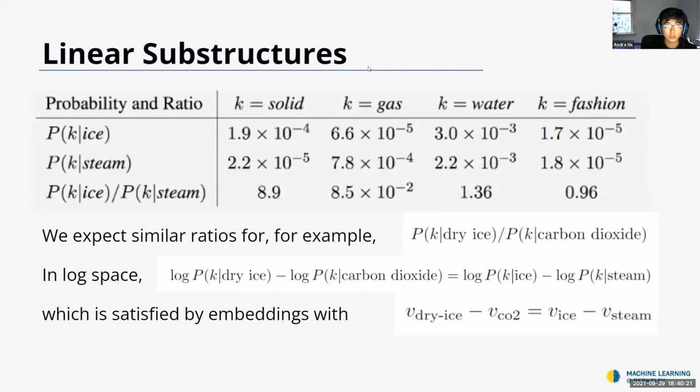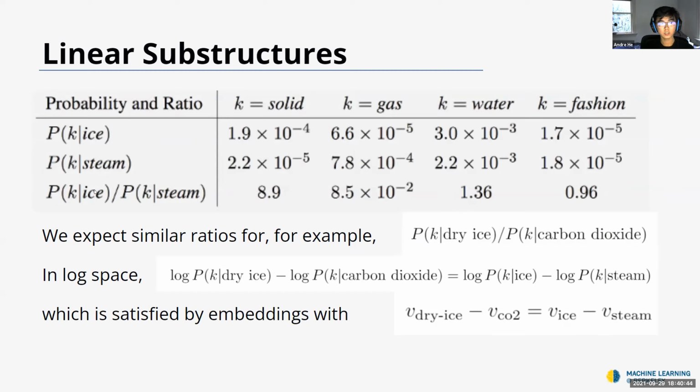To give you a more detailed example, we know that ice to steam is, at least in meaning, similar to, let's say, dry ice to carbon dioxide, right? These are two words, not a single word, but I didn't really think of any other one-word example for this.